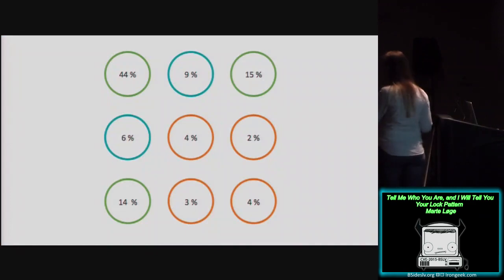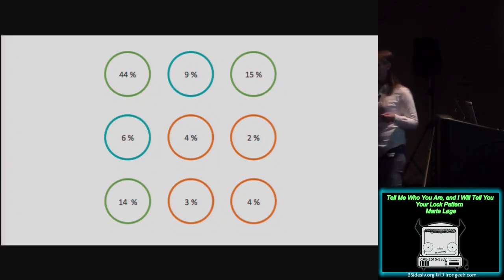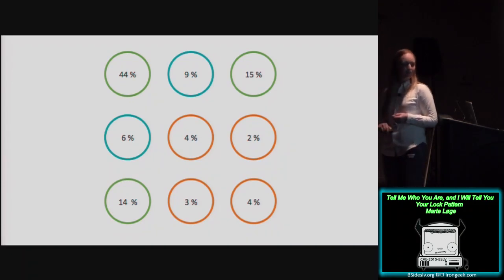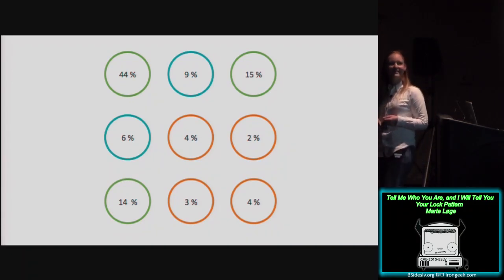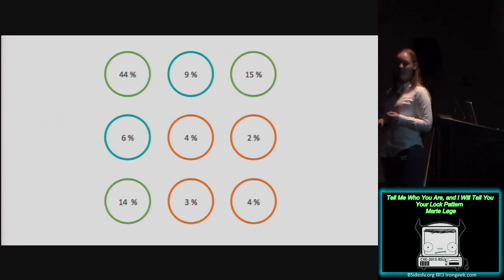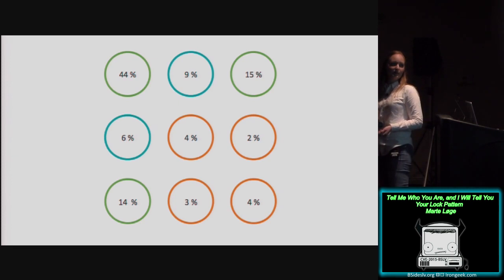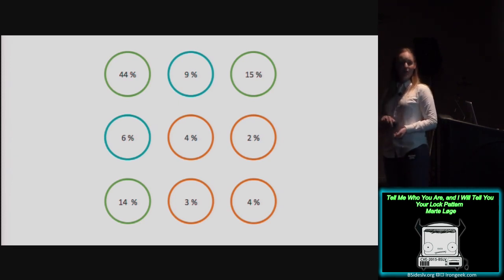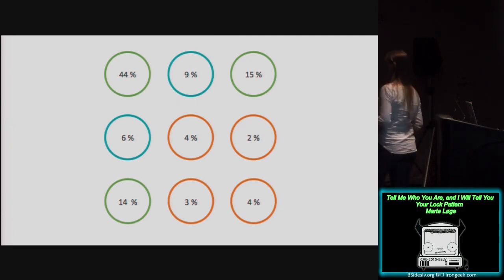So I went through all the collected patterns, and there is a fun thing about the starting node, because it's not random. 44% of all the patterns started in the upper left corner. About 73% of the patterns started in either this node or this node. If you add all the corners, you get 77% of all the patterns collected.